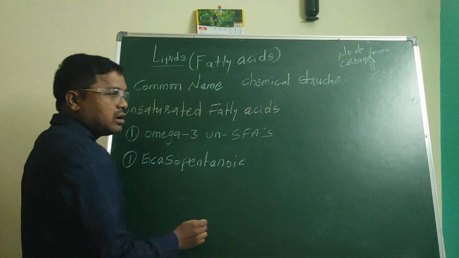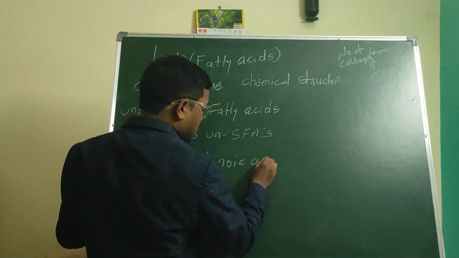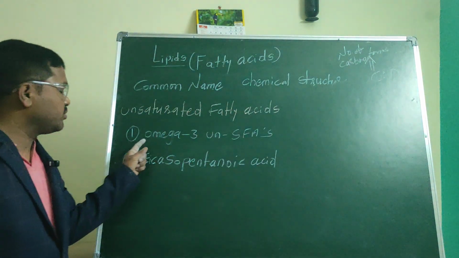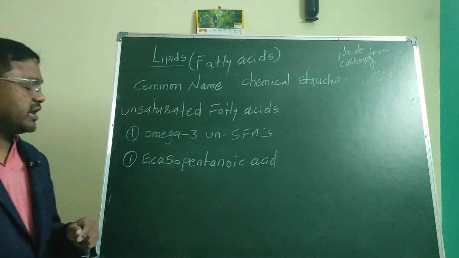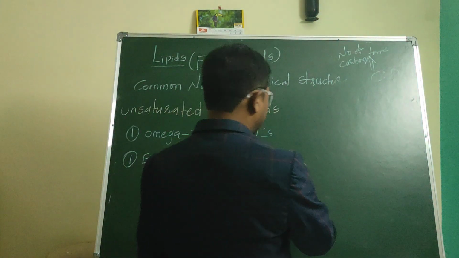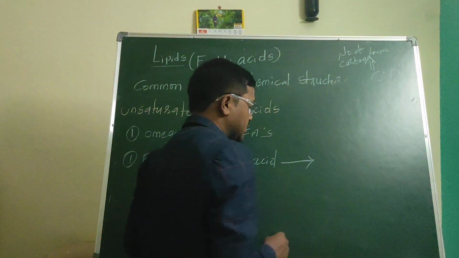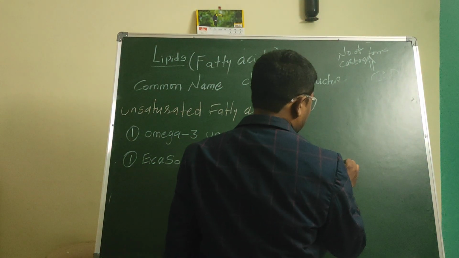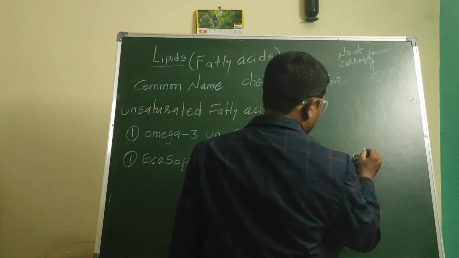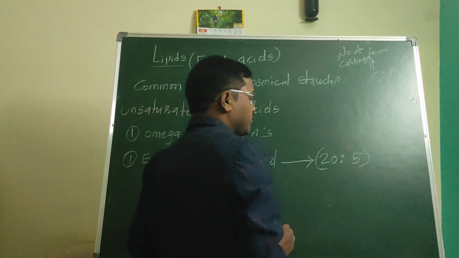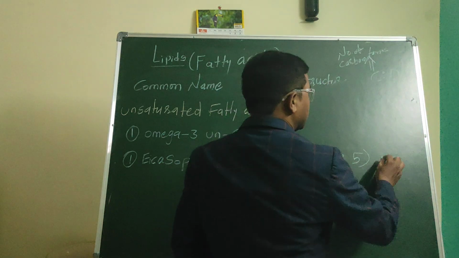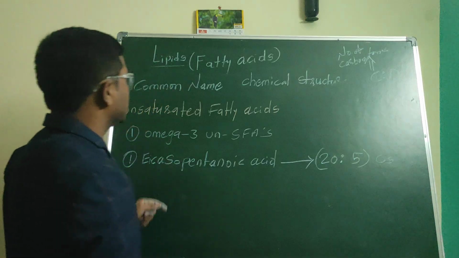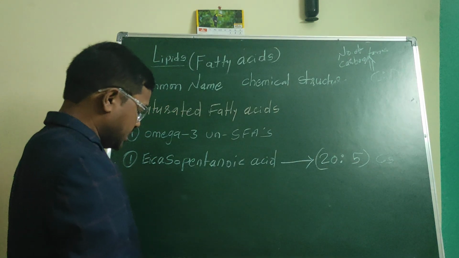Eicosapentaenoic acid. The eicosapentaenoic acid is one of the omega-3 unsaturated fatty acids. The number of carbon atoms in eicosapentaenoic acid is 20 and the number of double bonds is 5, and this is a cis unsaturated fatty acid.